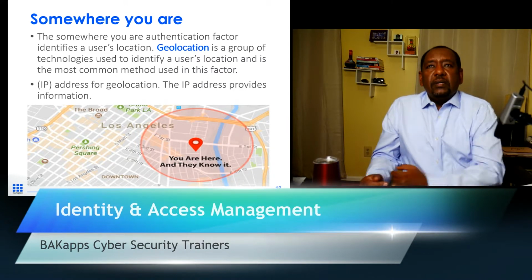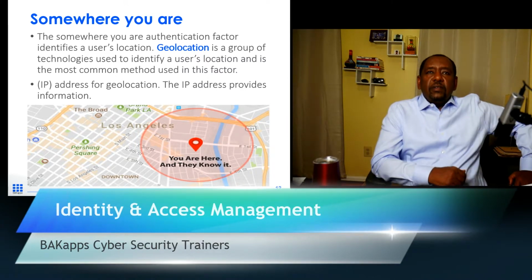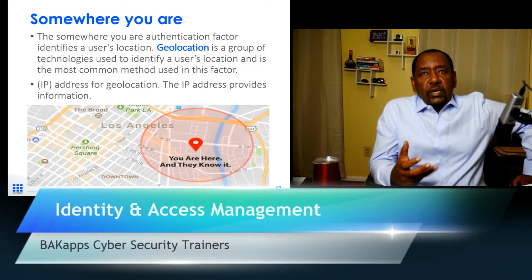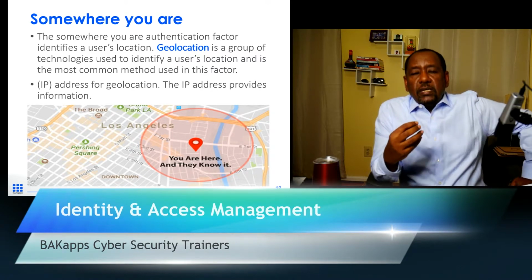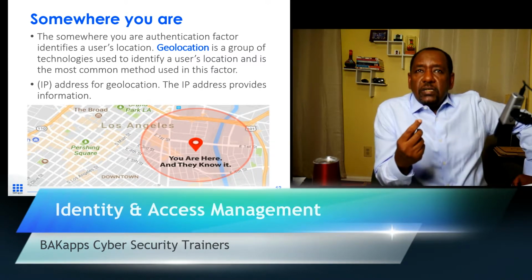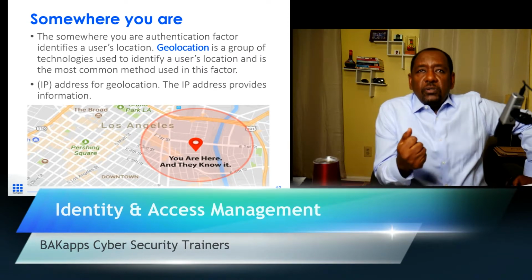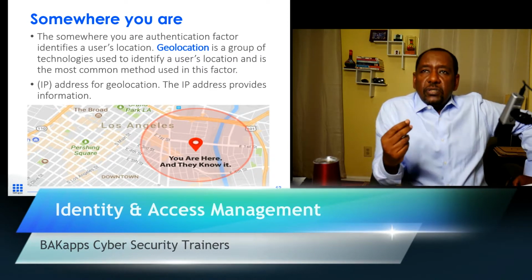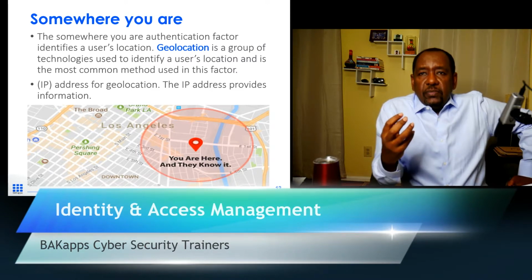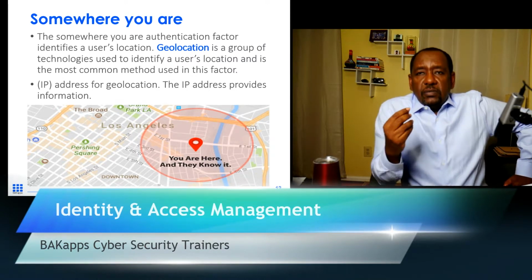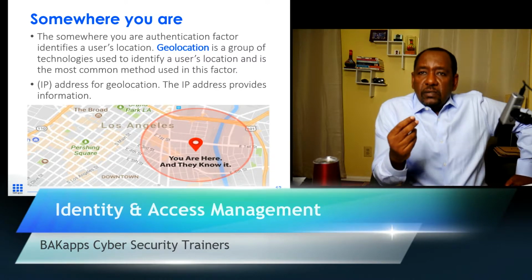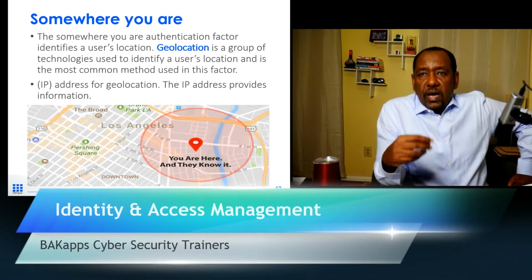Then comes what we call somewhere you are. The somewhere you are authentication factor identifies a user's location. So basically, there is a geolocation service. It is a group of technology used to identify a user's location, and it is the most common method. That is the geolocation. It tells you exactly where the user is trying to access the machine.